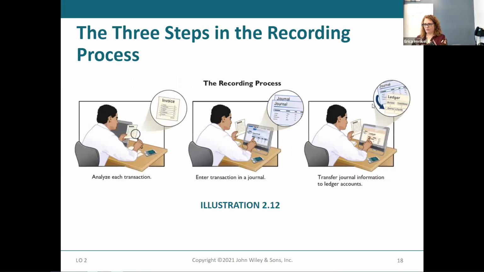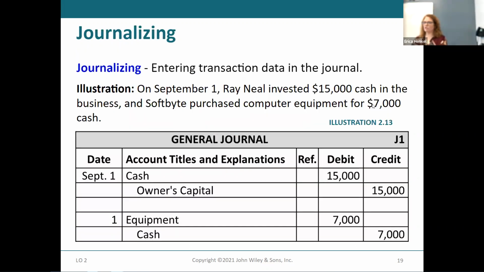All right. So when we make these journal entries, they're going to be in this format here. See how we put the debit accounts first, followed by any accounts that are getting credited, and then we indent them a little bit so that you can visually see here whether it should be a debit or a credit.